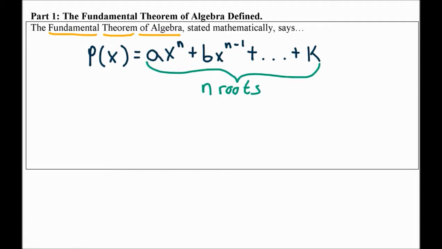Now, if you don't quite understand exactly what this is saying, don't worry, we're going to work with it for different types of polynomials, and hopefully it'll all come together in just a few moments. But the most important thing is, you guys know that my number one goal is to prepare you guys for college. And I want you guys to be able to work with expressions like this, and to talk to people about expressions like this.